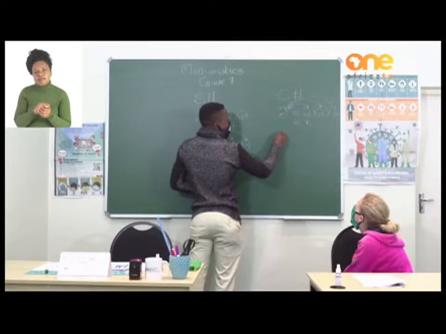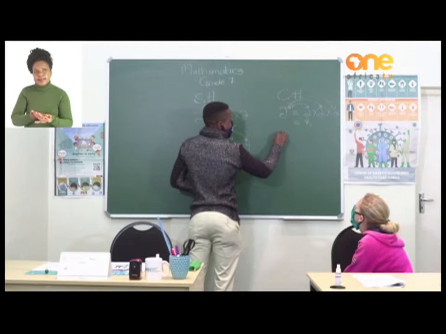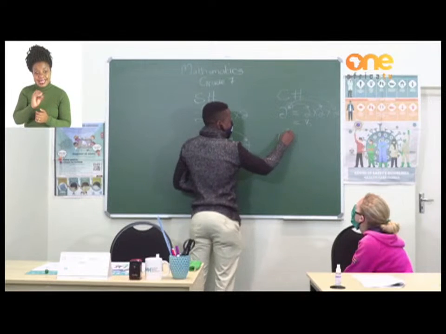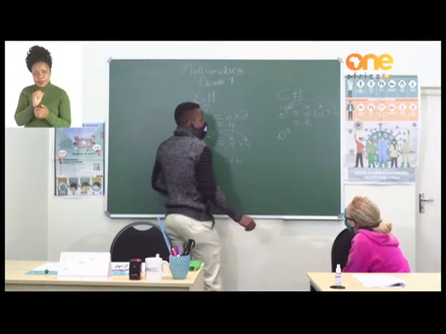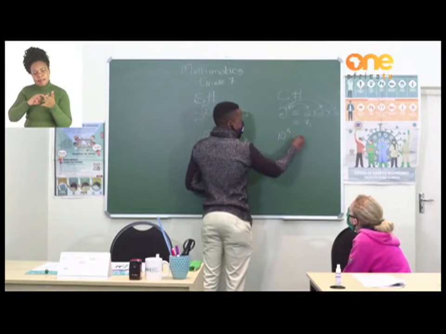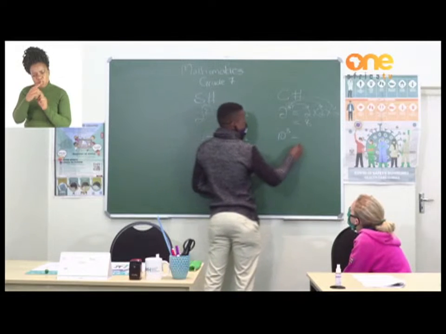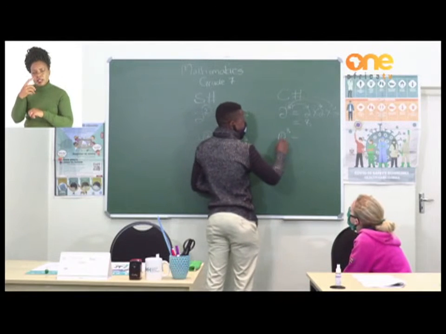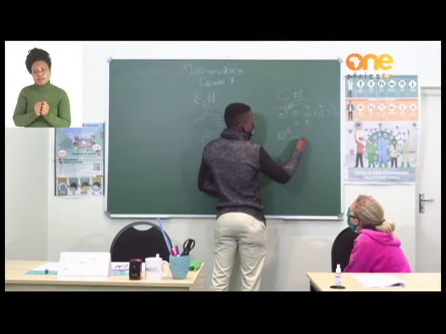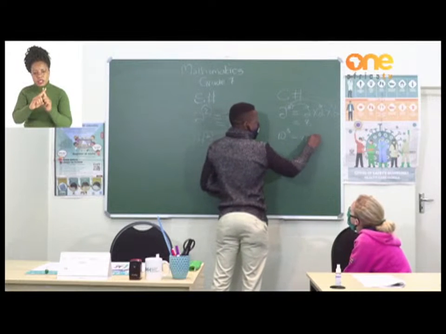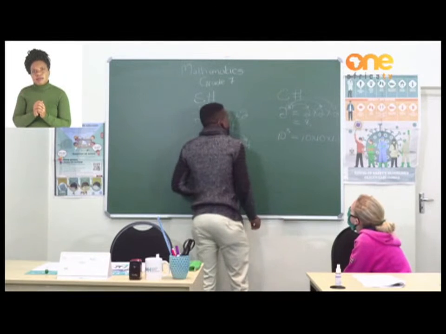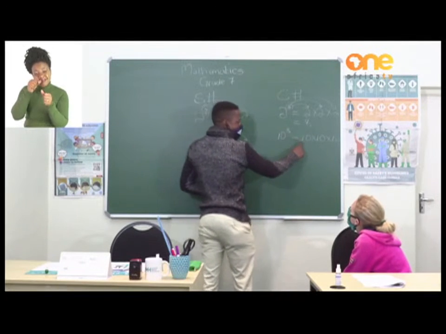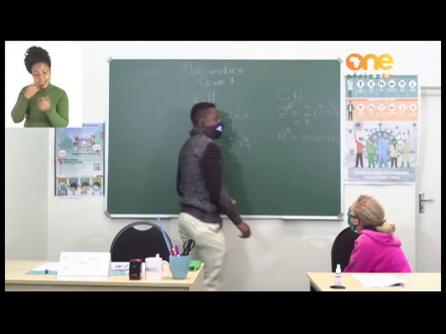We can also use, for example, 10 to the power 3. If you look at that number, 10 must appear 3 times. We have 10 times 10 times 10. So remember, this is 3 times that a number has to appear.